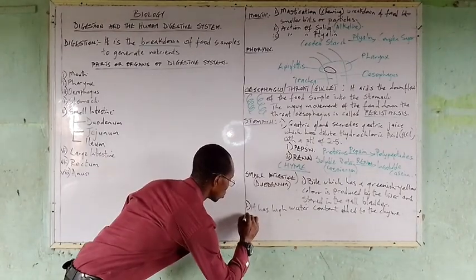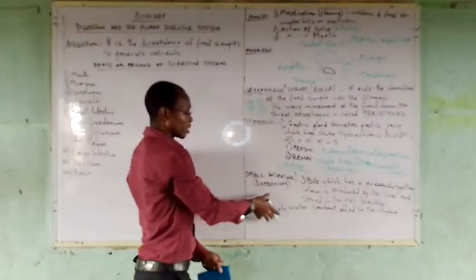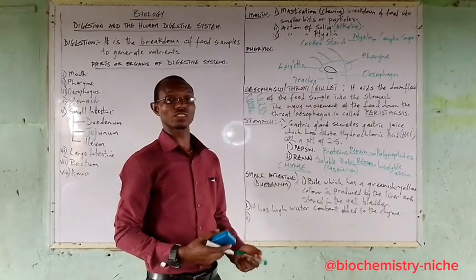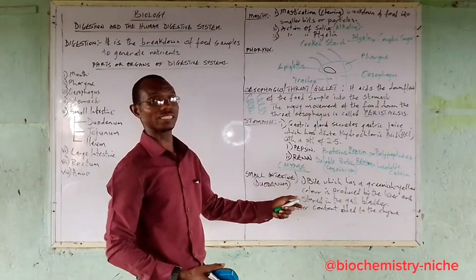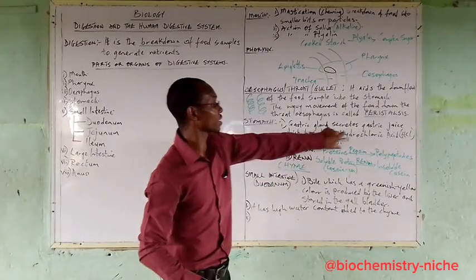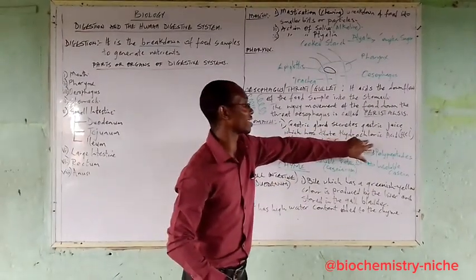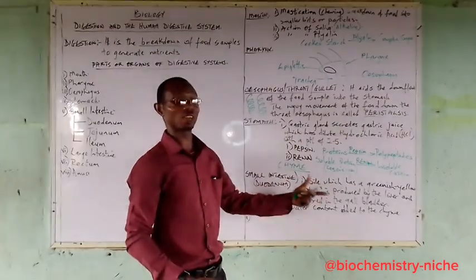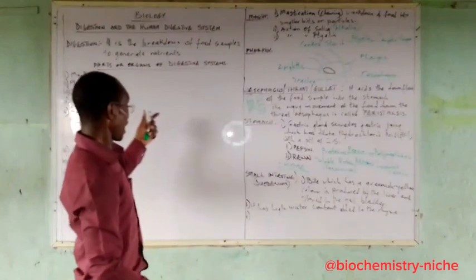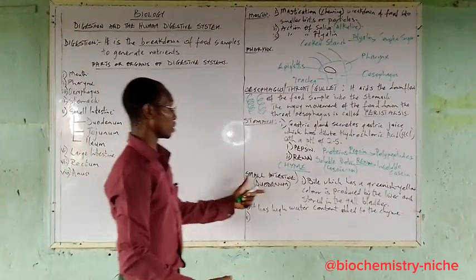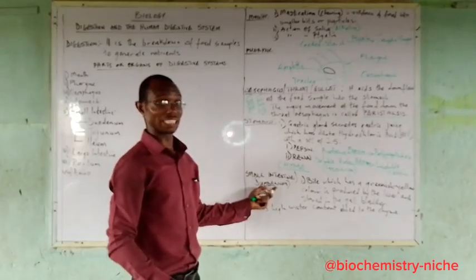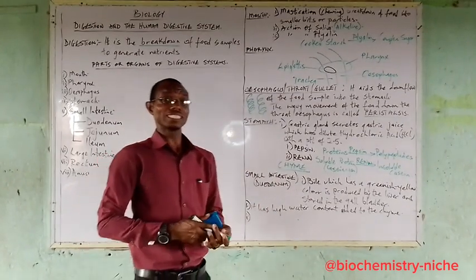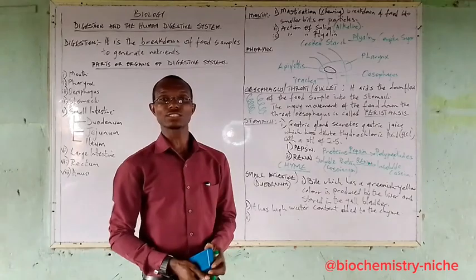And then number two, we have the bile salt. Remember we said it is a sodium salt, it is a sodium substance, so it is alkaline in nature. So it helps to convert the acidic form of the chyme into an alkaline form, so that the pancreatic enzymes or the digestive enzymes will be able to act on them. Because these digestive enzymes cannot act on acidic substances.